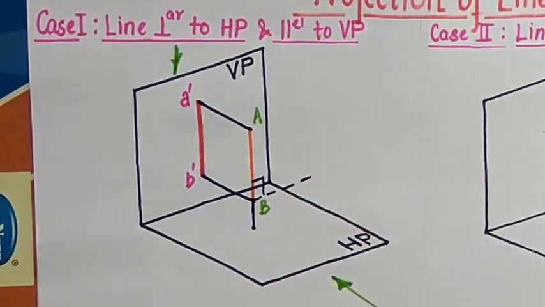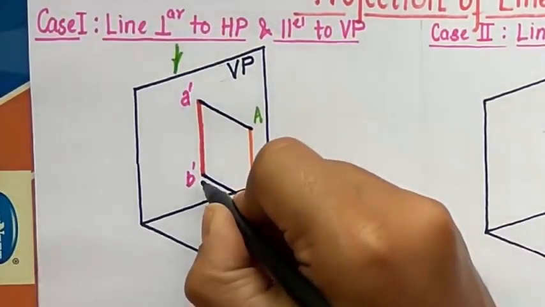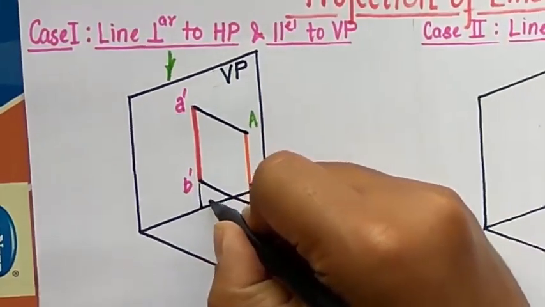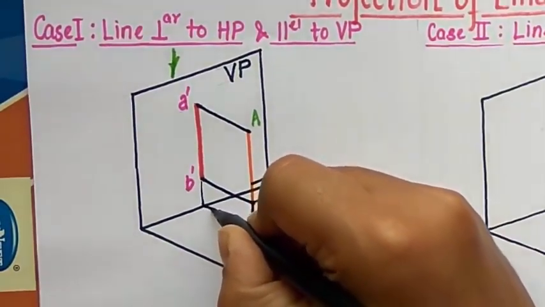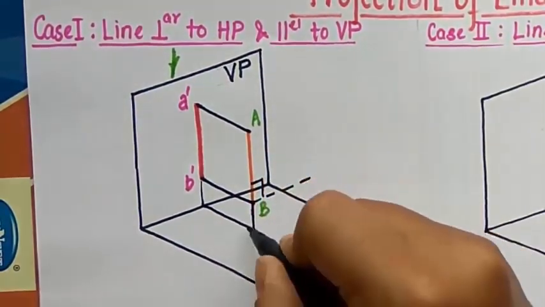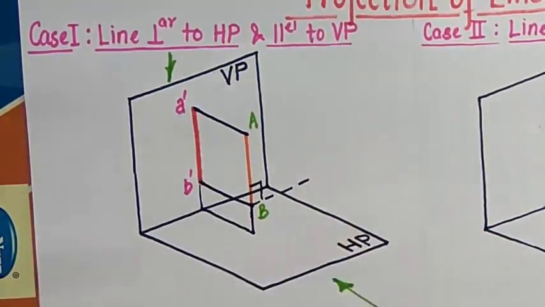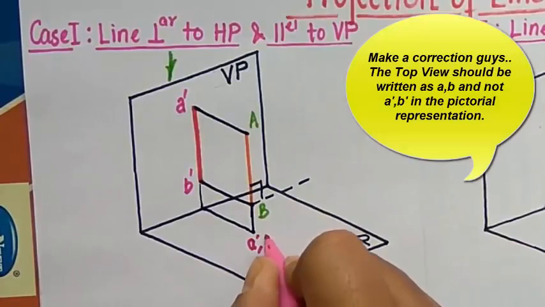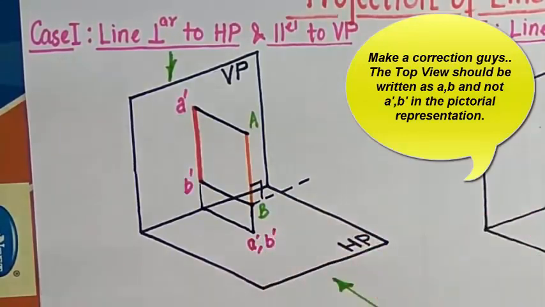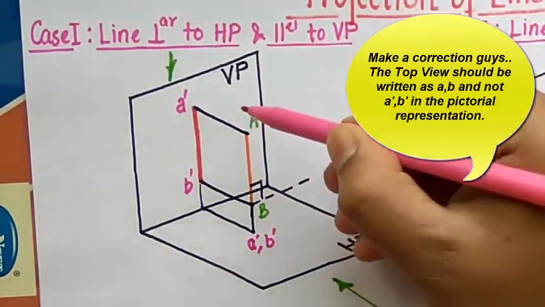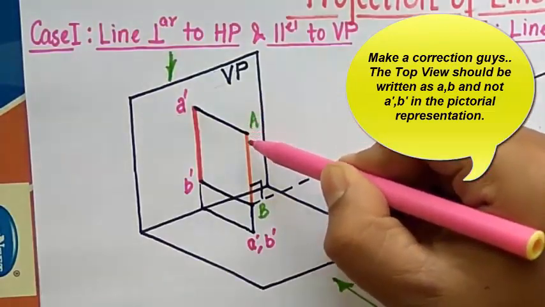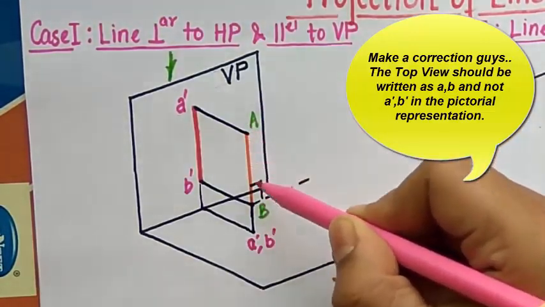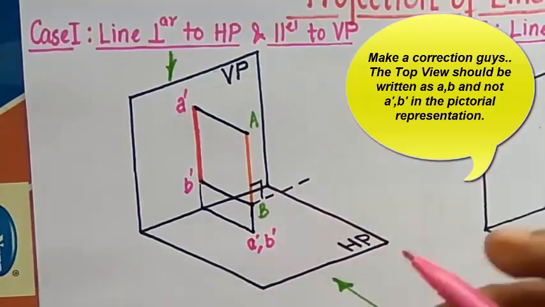Alright, that's it. And now let's join this front view with this so-called top view, which is in fact a point, and top view corresponds to 2 different points. In fact, one is A dash and the other one is B dash. Alright, so when you look at this line from the top, you're going to have this A, and below A is going to be B, so that's why A dash and B dash.